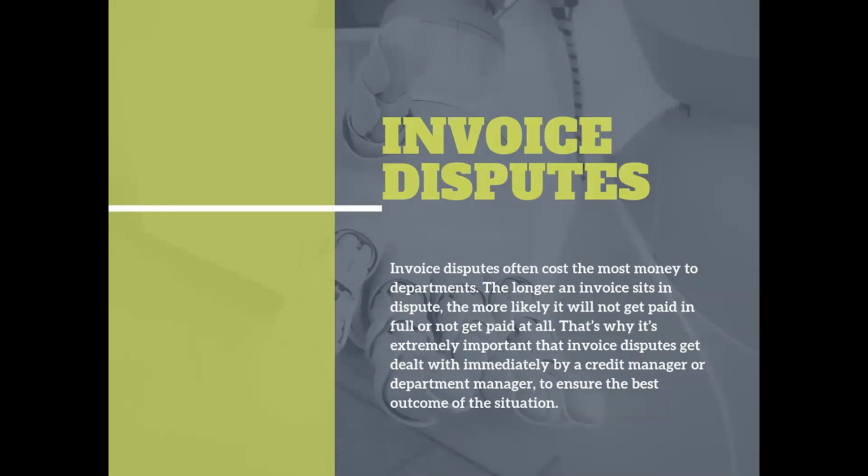If you have a portal where the invoice can get disputed, or even if you're manually checking that invoice as being disputed, then the RPA kicks in and it will alert a credit manager or department manager, letting them know that this account needs to be contacted and that this needs to be resolved.